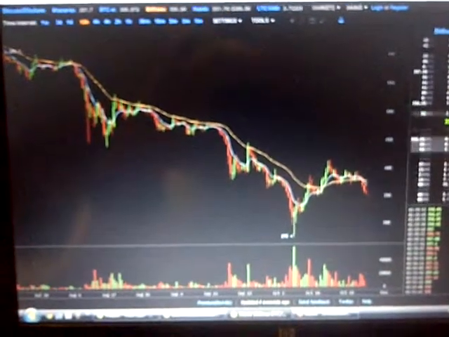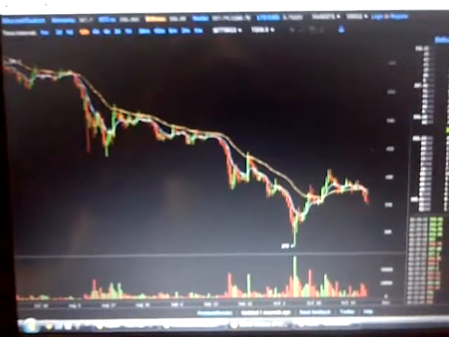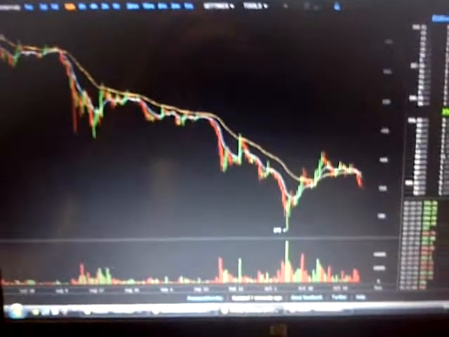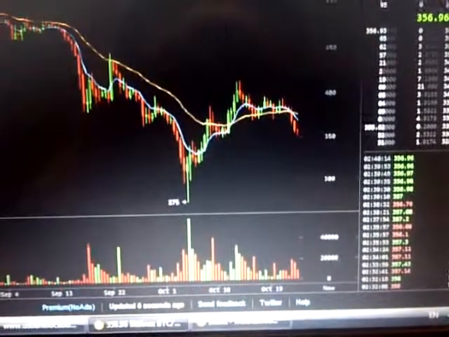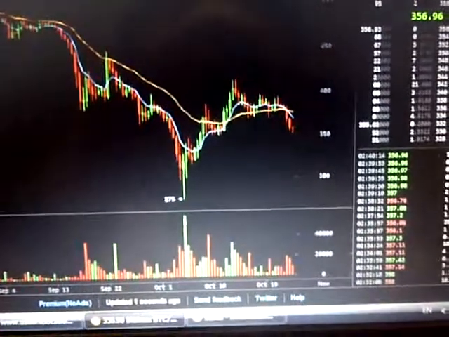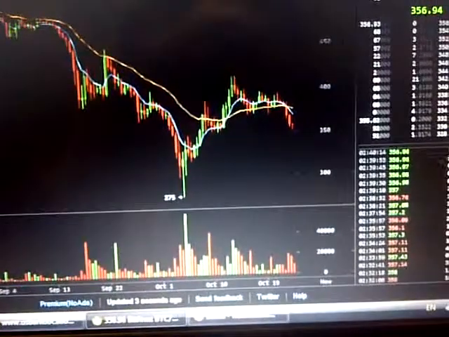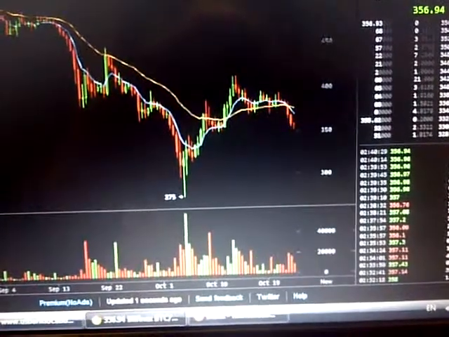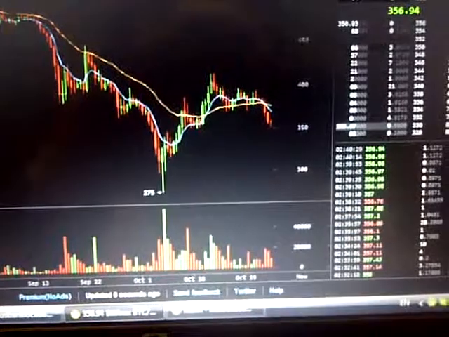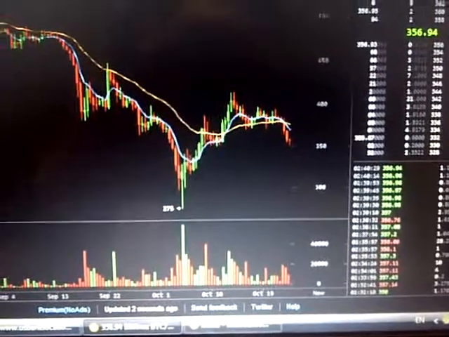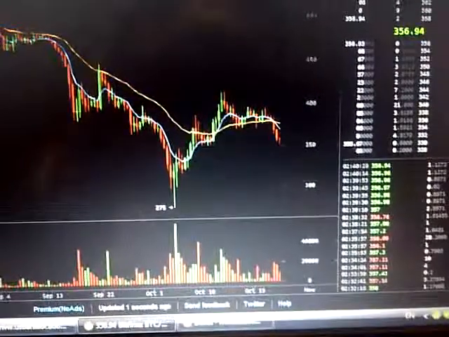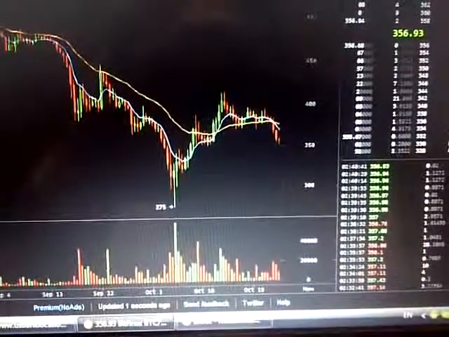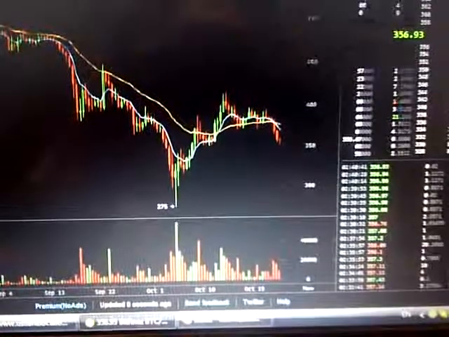So if you haven't already figured out, you probably are figuring out right now that the price has broken down, and it could be a couple things. It could be a retracement, or it could be a continuation of a downtrend. Hard to tell, but if you have experience in trading, you'll know that it doesn't always reverse trend on the first try.